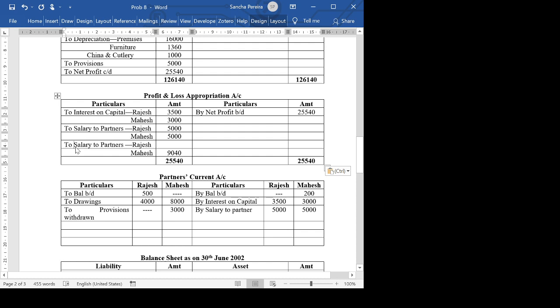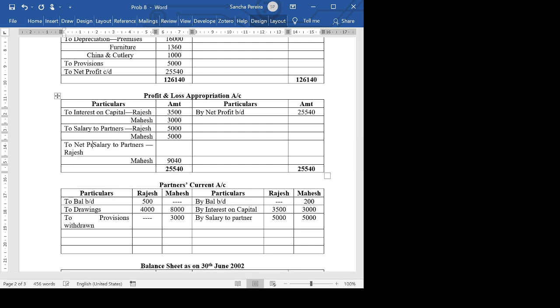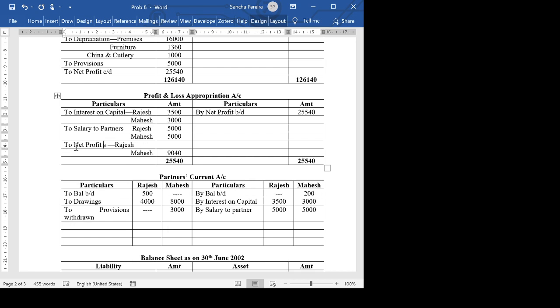So to net profit, we have Rajesh and Mahesh. 9,040 divided equally gives you 4,520 each.